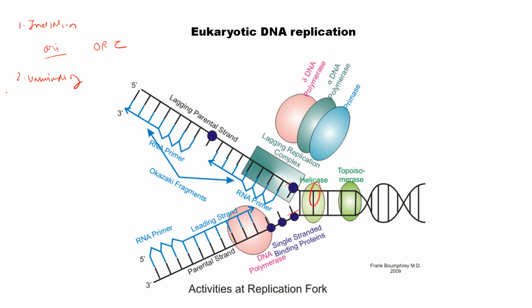Next step is the primer synthesis. Primase enzyme synthesizes the RNA primer. Primase synthesizes RNA primer complementary to the single-strand DNA template. These primers provide a starting point for DNA polymerase to initiate DNA synthesis.